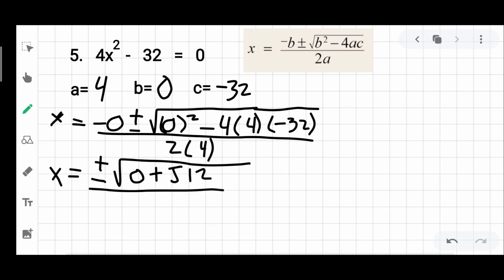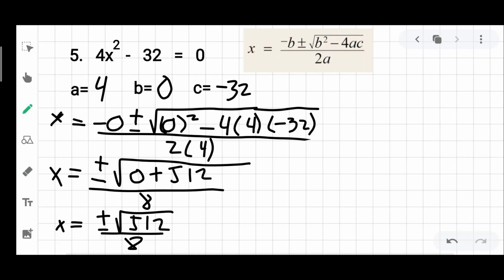Then over 2 times 4, 8. So bring down x equals plus or minus square root of 0 plus 512. The answer is 512 over 8. So we write x equals plus or minus.